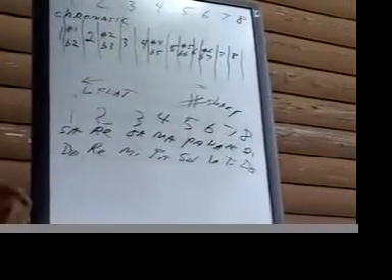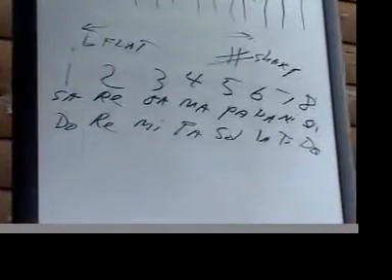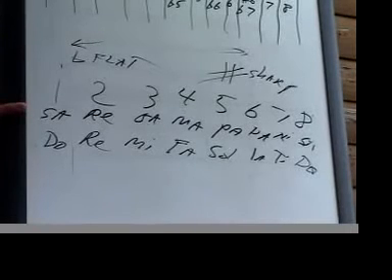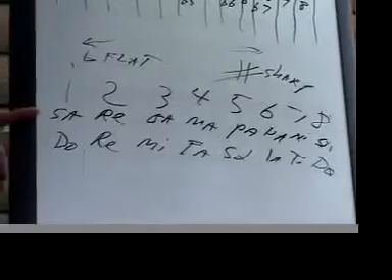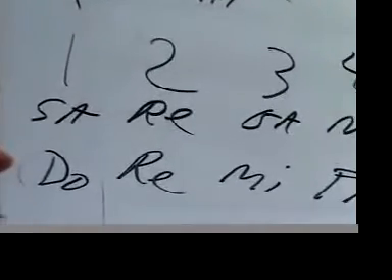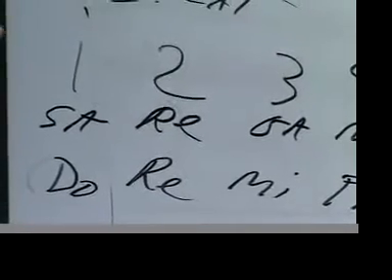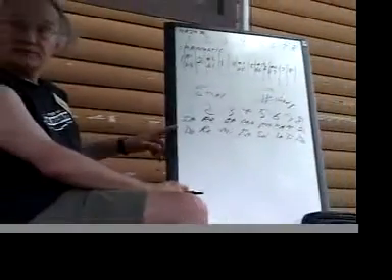So now you have three different ways of naming a major scale: by number, by what's called sargam, or Indian vocal sounds, which I think are really beautiful on the tongue, and Italian, which is also a very beautiful language.